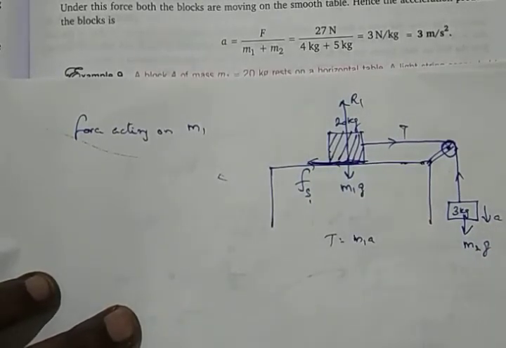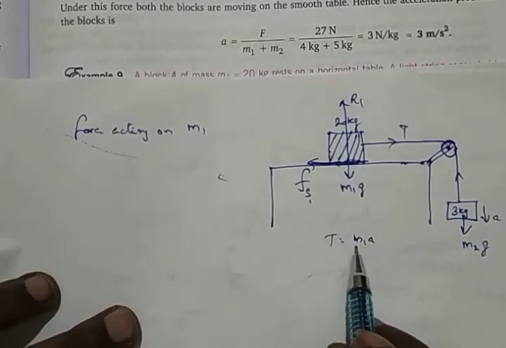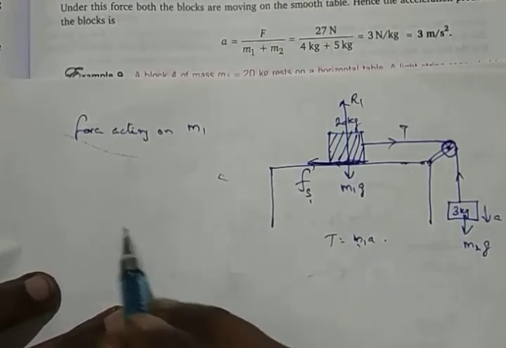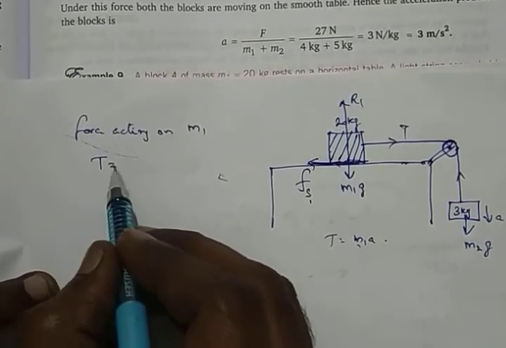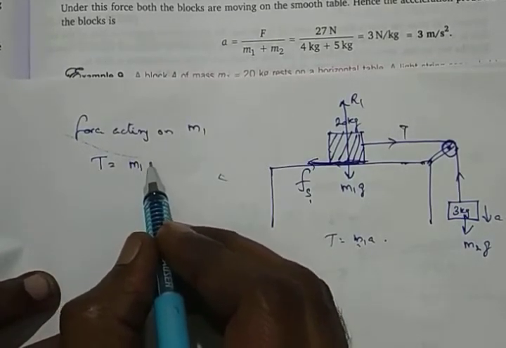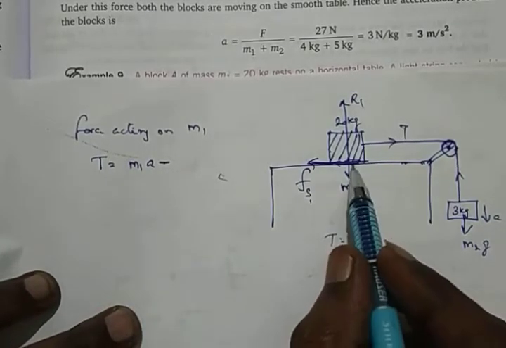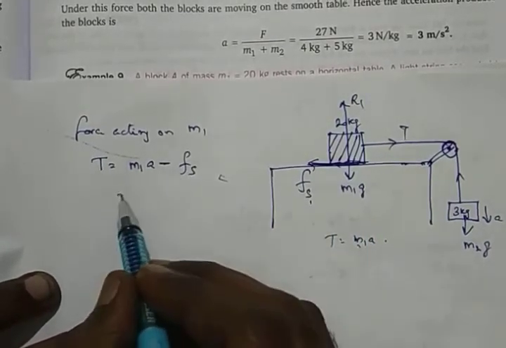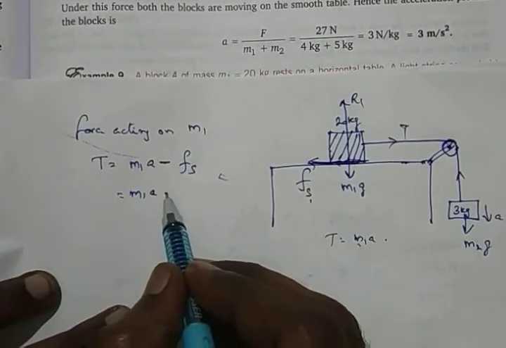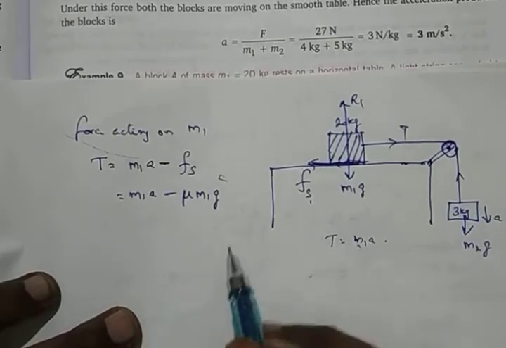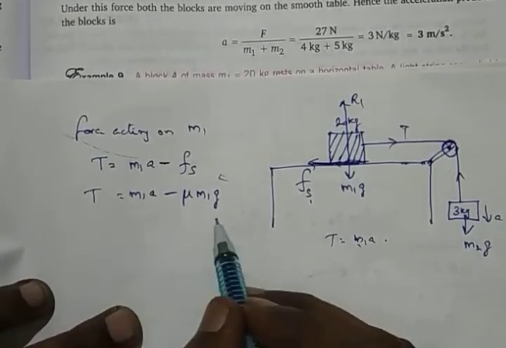But right now it is not just tension is equal to m1 into a. The frictional force has to be subtracted. So you have tension is equal to m1 into a minus the frictional force, so m1 into a minus mu into m1 into g. So that is tension here.